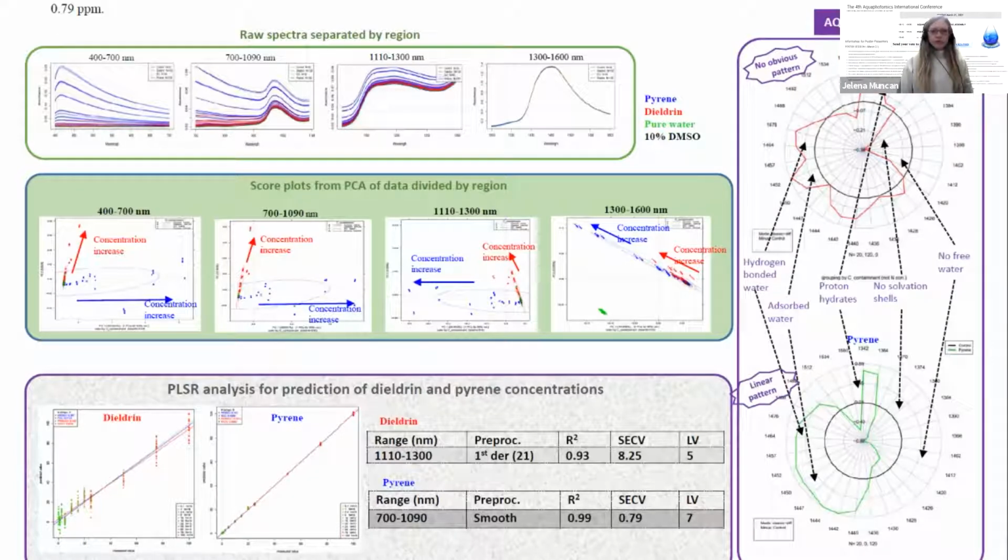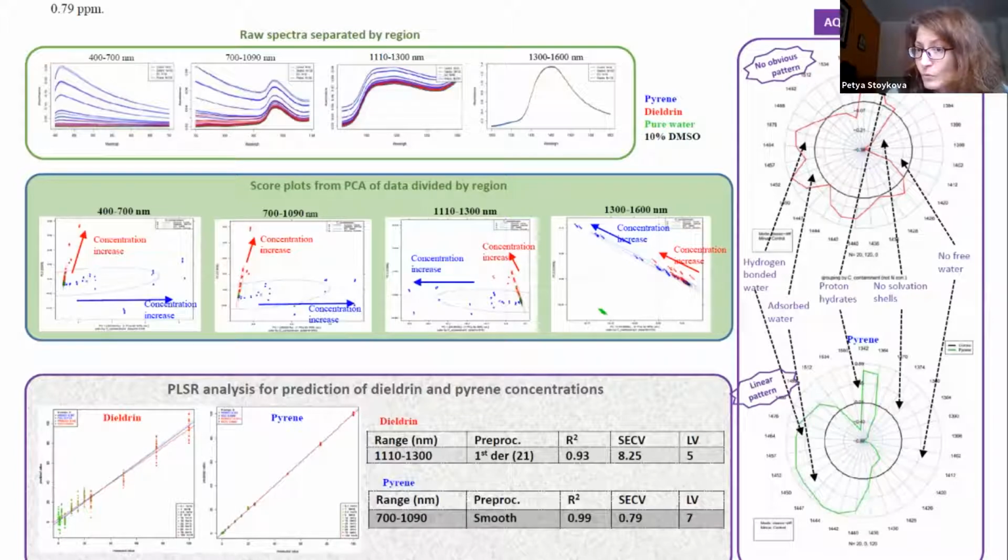For example, for me, it was very interesting why we have this good linear correlation for the concentration of pyrene, where with increasing concentration, we have this linearity. Pyrene is a hydrophobic compound, and it is not dissolved. The percentage that is dissolved in water is very, very low.